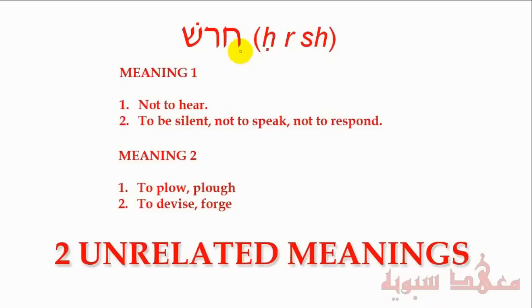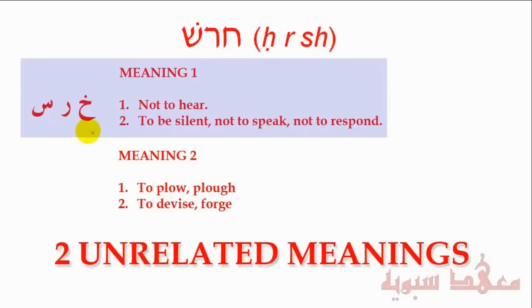Now in Arabic, both of these meanings exist, but they are separate roots. The first root in Arabic would be the kha, the ra, and the sin, kharasa. And it has this particular meaning: not to hear, to be silent, not to speak, and not to respond. And notice the letters are similar to these letters.